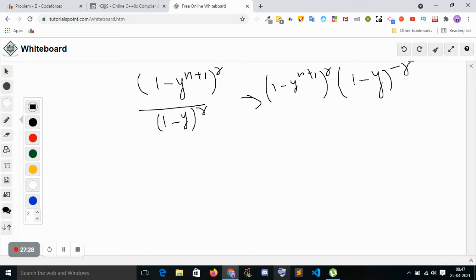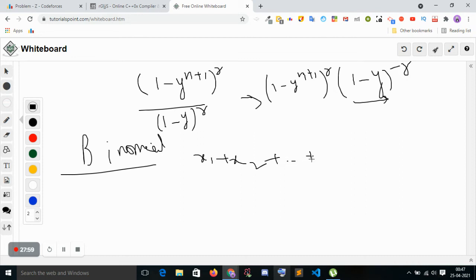So there is a binomial theorem to prove it. Let's try to solve this using the binomial theorem. I really want to expand this function. There are multiple ways. So let's try. I have to find x1 plus x2 plus dot dot dot plus xr equal to n.